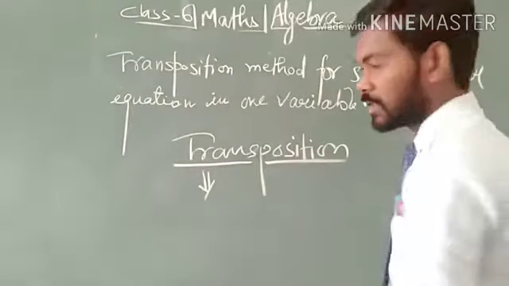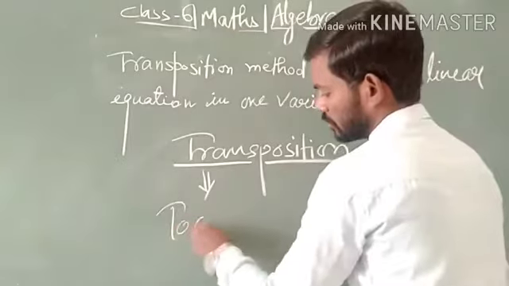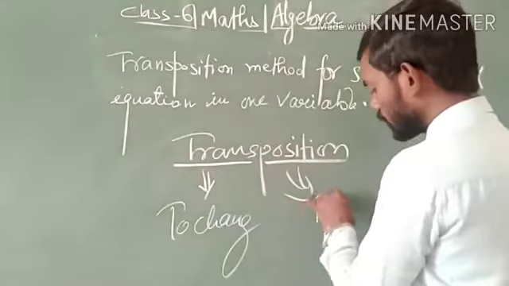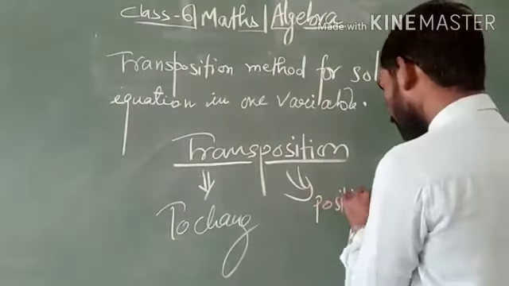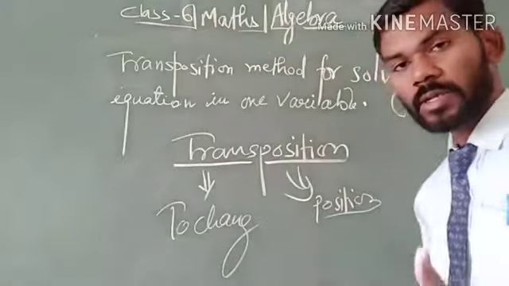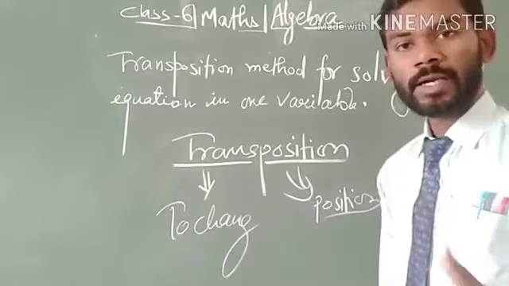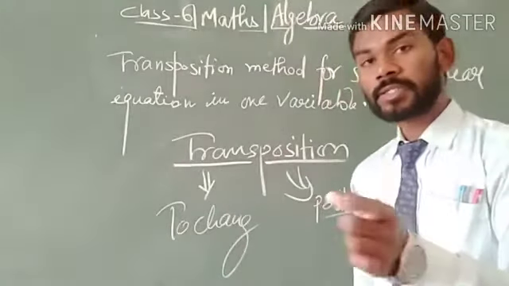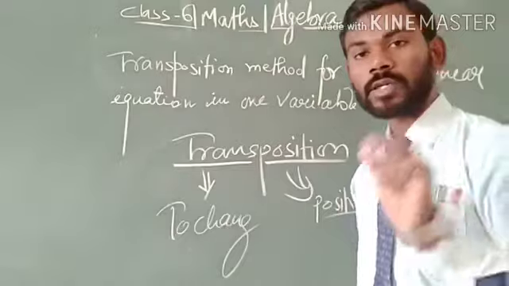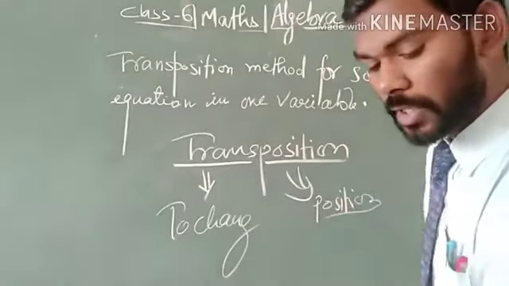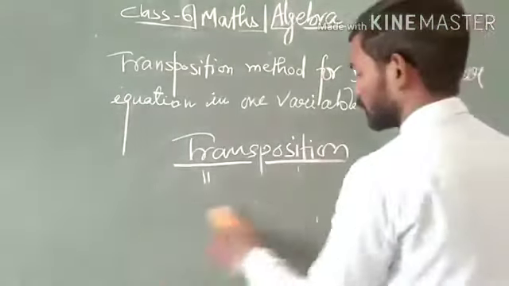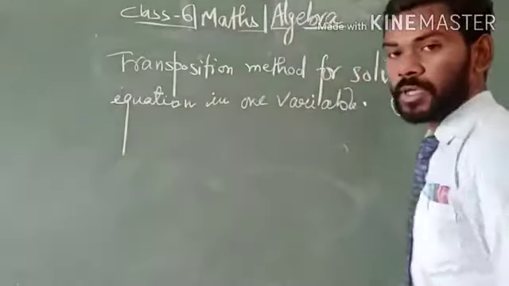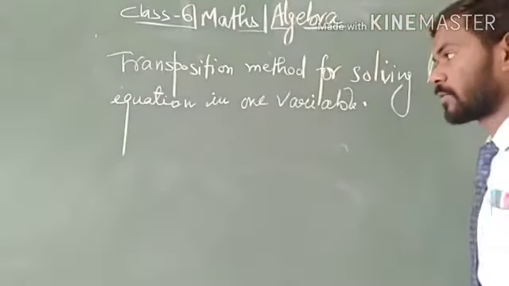Here, trans means to change its position. Position, you know very well what is the position. Position means its place and about it. And when we change its position, it is called transposition. So here we shall discuss the transposition method of solving linear equation in one variable.